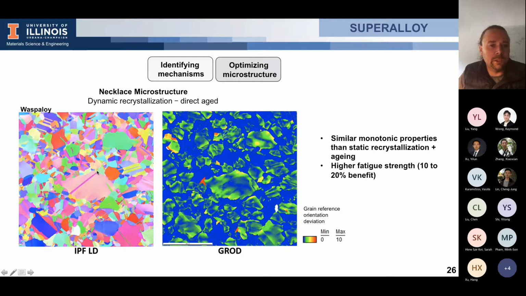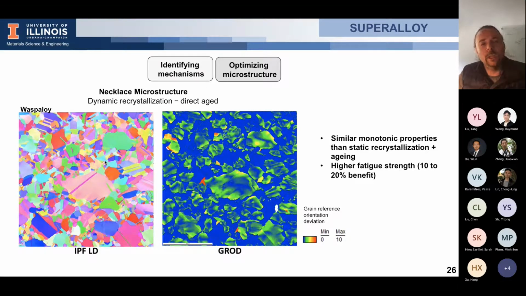The twin boundaries are not coherent anymore. And around these grains, you have small grains that are fully recrystallized. And that's why we call this necklace. This kind of alloy displays a slightly higher fatigue strength compared to the fully recrystallized one with the same average grain size. And it was not obvious.